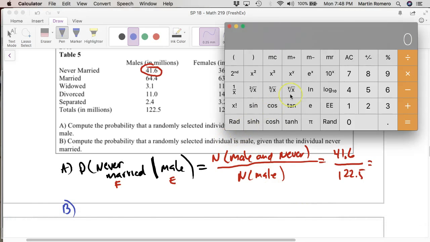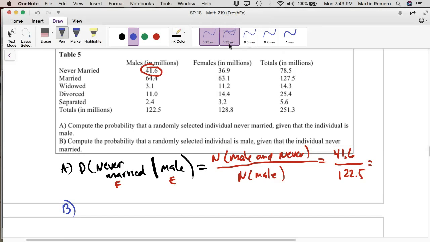So it's 41.6 divided by 122.5. And I got those numbers from here. And so the answer is equal to 0.339, one more decimal, so 0.340. And so this is 0.340, or 34%.